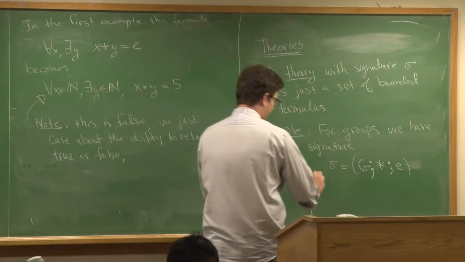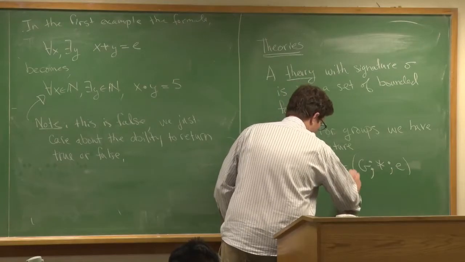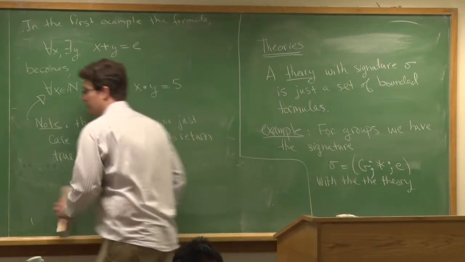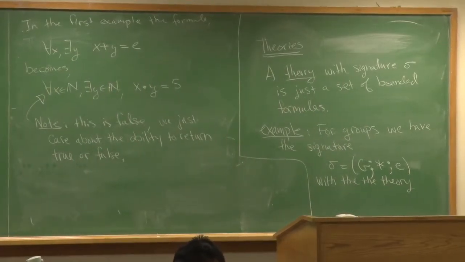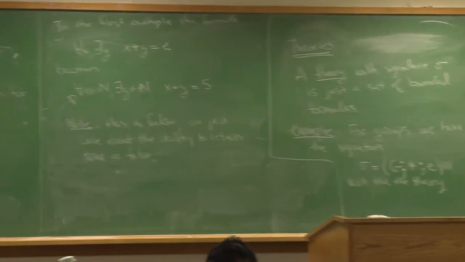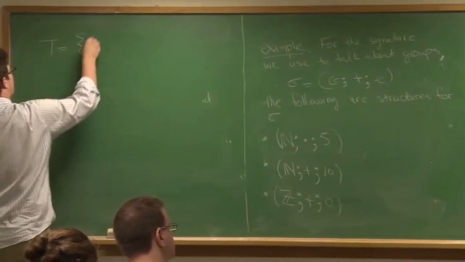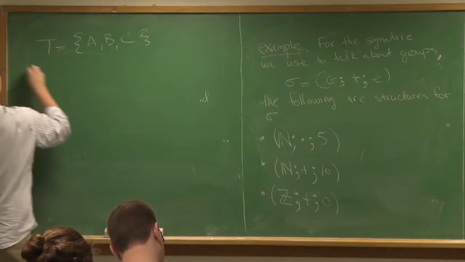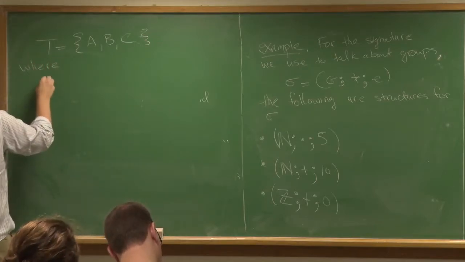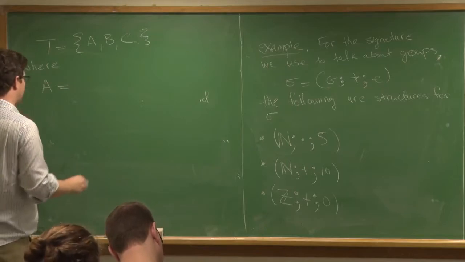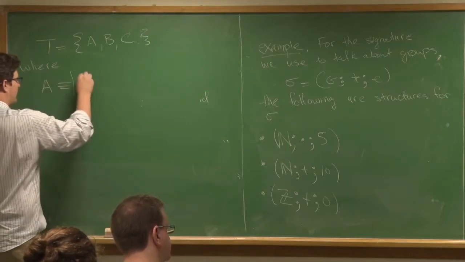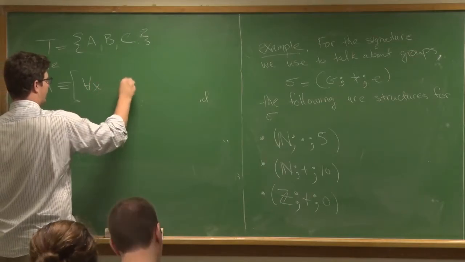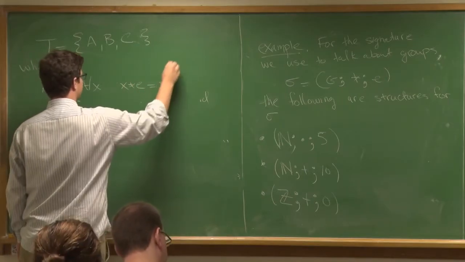We have the signature with the theory being T, the set of A, B, C, where A is the following: for all x, x times E is equal to x.